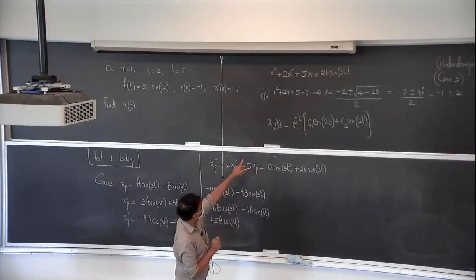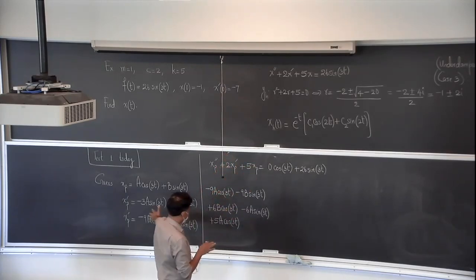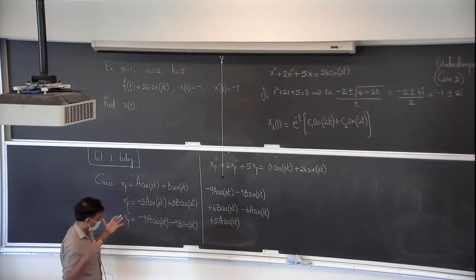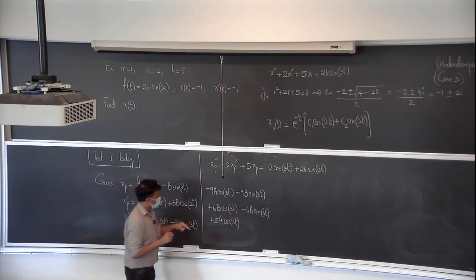Oh, by the way, don't plug in the initial values there. Okay, we don't have the full solution yet, so please don't find C1, C2 at this point. We have to wait till we get all the terms and then find the C1, C2 values. Okay. Plus 5B.